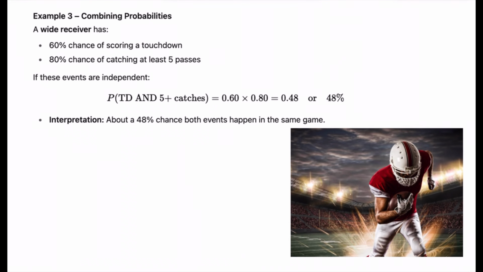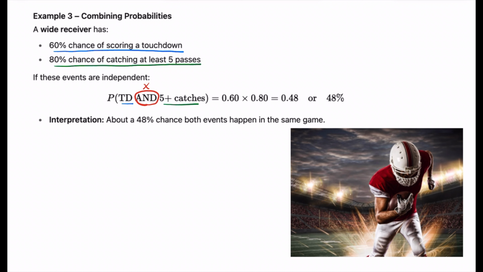Now we'll get into our third one, which is combining probabilities. For this example, it says a wide receiver has 60% chance of scoring a touchdown and 80% chance of catching at least 5 passes. If these events are independent, we want to find the probability that the wide receiver is scoring a touchdown and catching at least 5 passes.